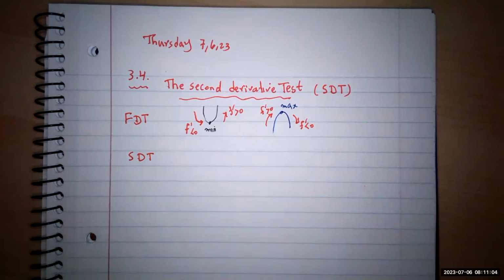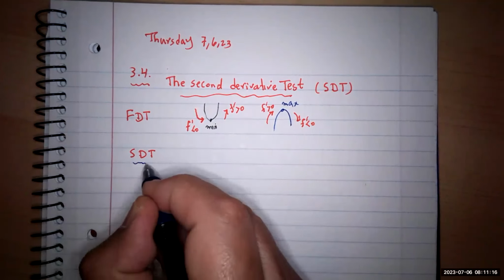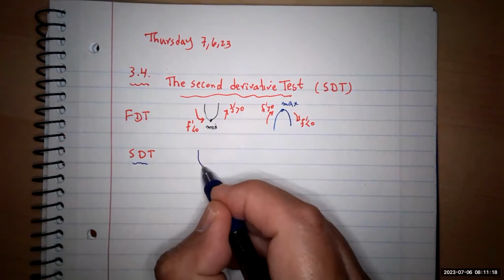We look to see how the graph would be curving up or curving down around these 2 points. We call it the notion of concavity.